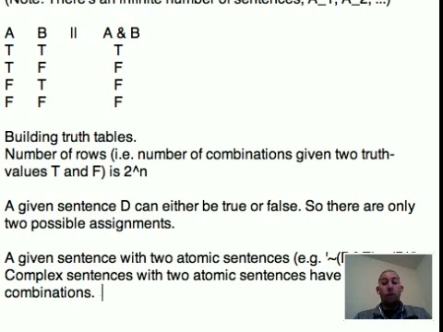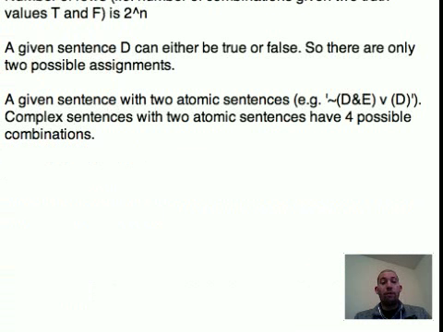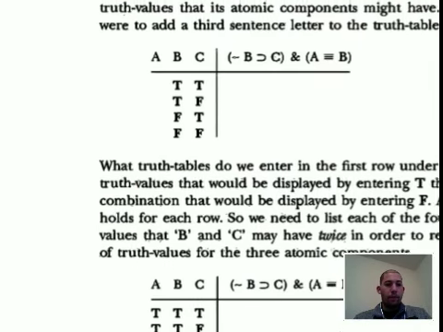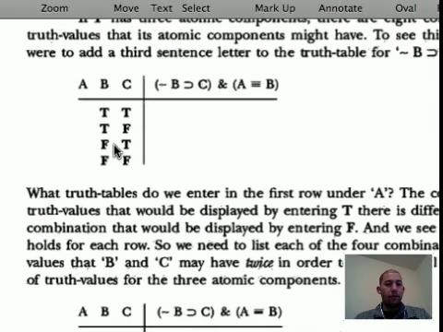But notice once you jump up to complex sentences that have 3 atomic sentences, we're now going to jump into 8 different possibilities. And rather than spending time writing this all out, let me just give you an example that is already listed in the book. Okay, so here's an example of a sentence that has 3 different atomic sentences.